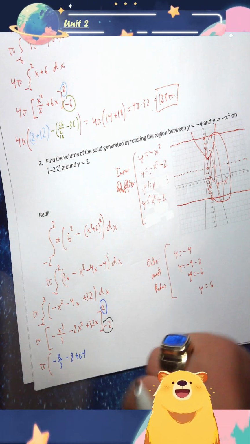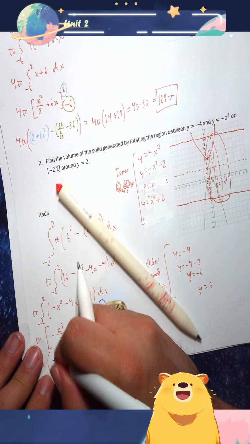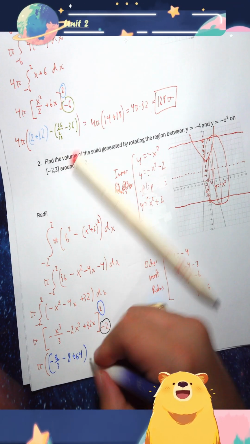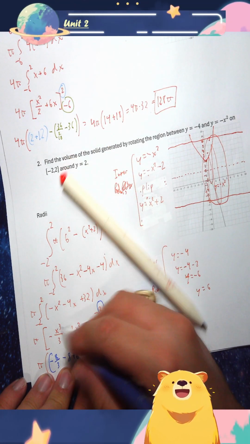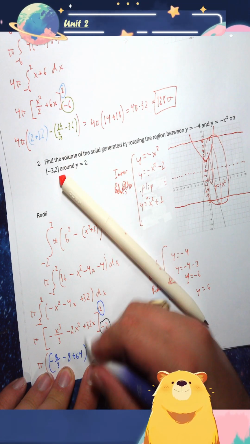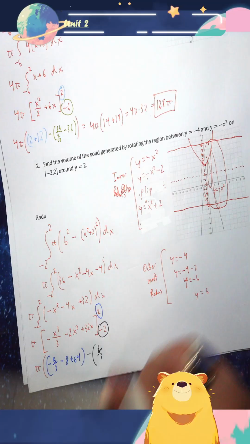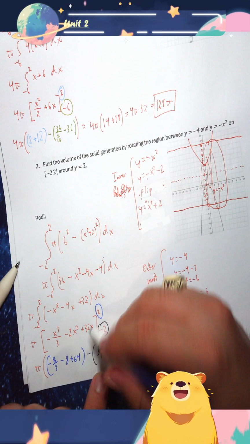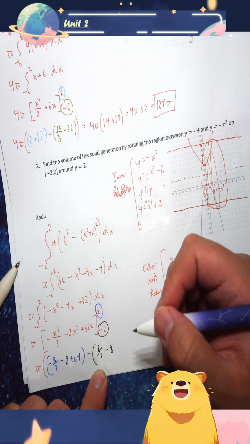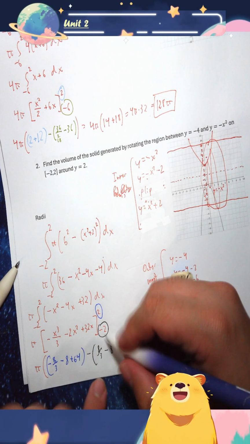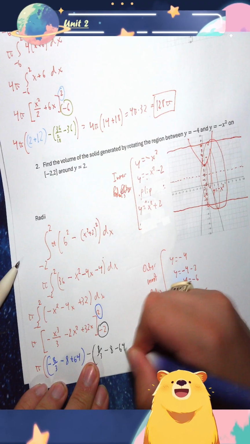And then for -2, wait, I forgot. It's minus -2, which is -8. So that'll become positive with a negative in front of it. So 8 over 3, -2 minus 8. And then -2 times this, which is -64.